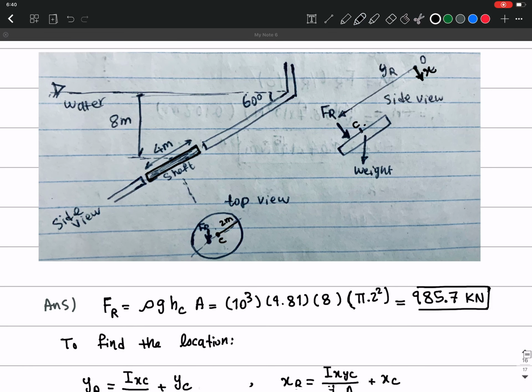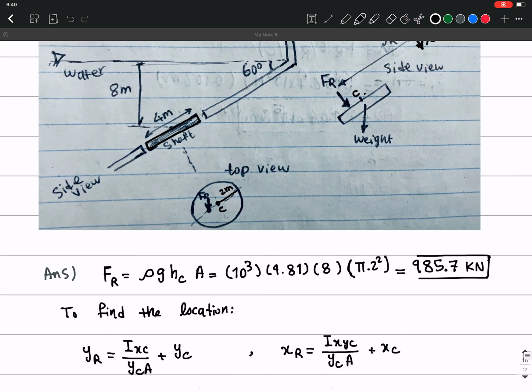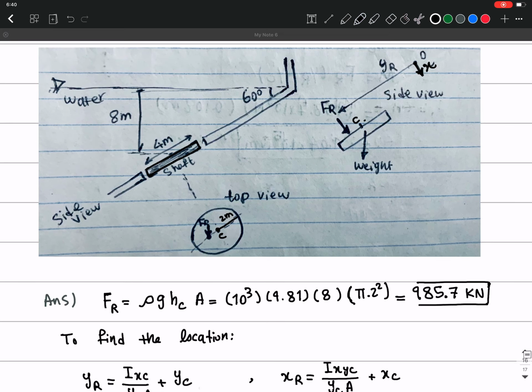Okay, so to find the xr, what is going to be the x of that?